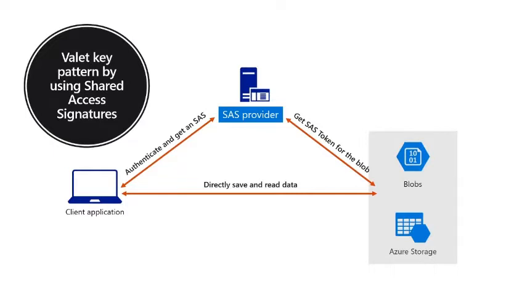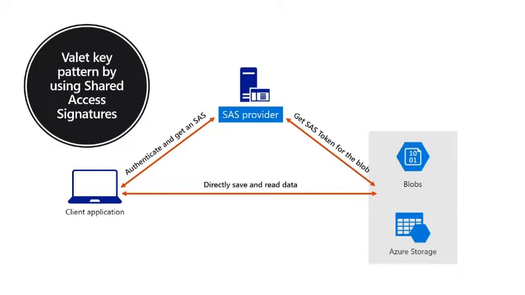This front-end proxy service has the advantage of allowing the validation of business rules, but for large amounts of data or high volume transactions, creating a service that can scale to match demand might be expensive or difficult. Using the valet key pattern, a lightweight service authenticates the client as needed and then generates SASs.